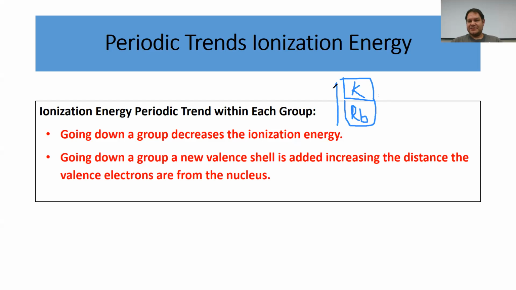The ionization energy (IE) should increase going up, and that is because potassium has one less electron shell than rubidium. Rubidium's valence shell is much further away from the nucleus than potassium's. So it would be harder to remove the first electron from potassium than from rubidium. That's just an example there.